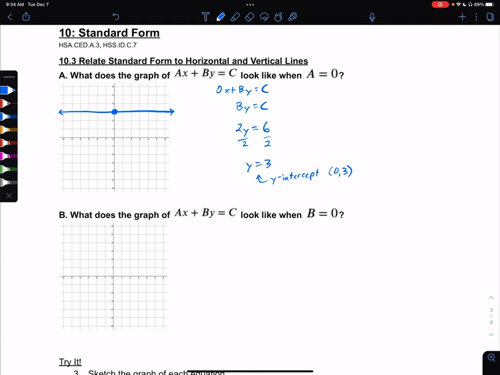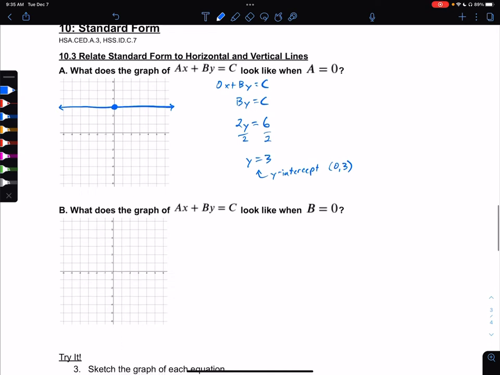Now we want to look at part B, and pretty much the same thing is happening, and there'll be one major but slight difference, although that seems kind of oxymoronic. So what does the graph of ax plus by equals c look like when b equals 0? So this time we'll have ax plus 0y equals c.